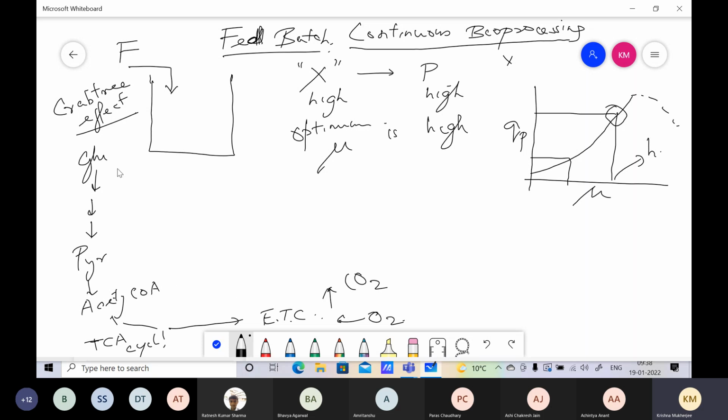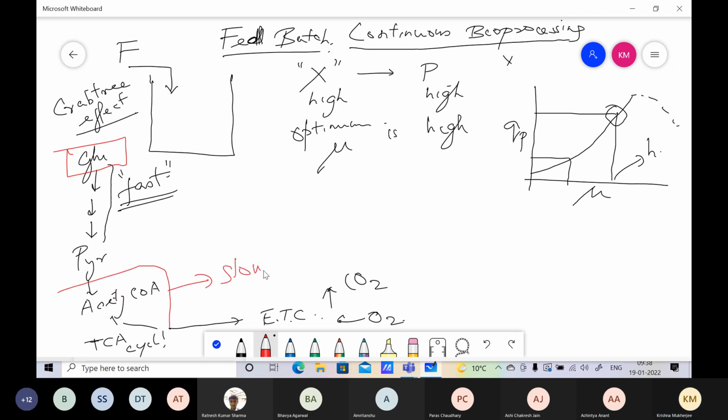And these steps, now this step is fast if you supply more glucose. It is controlled by the amount of glucose available. And these steps, the TCA cycle and electron transport chain, are slow, leading to accumulation of pyruvate.